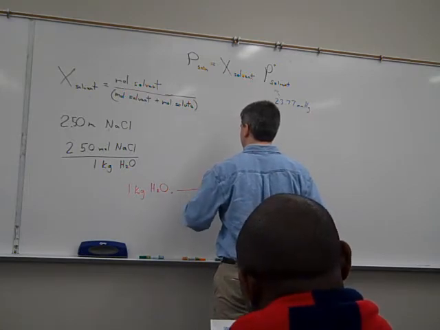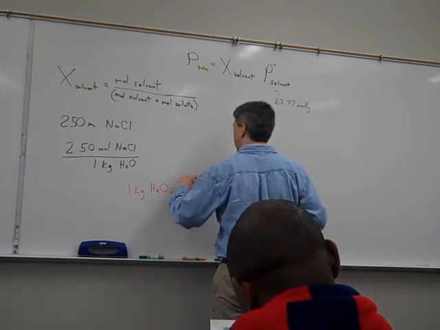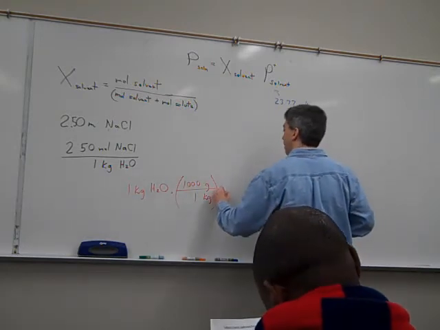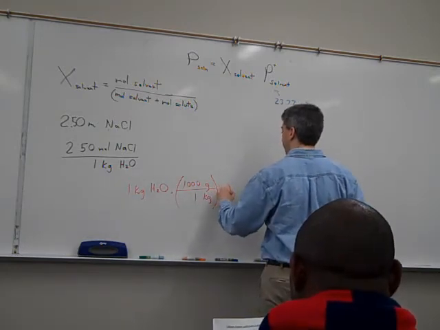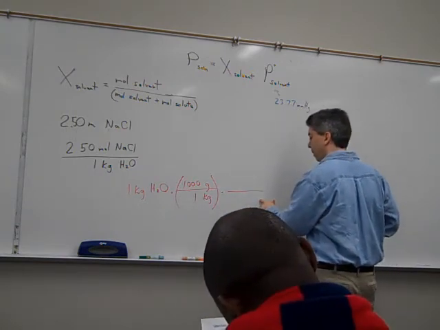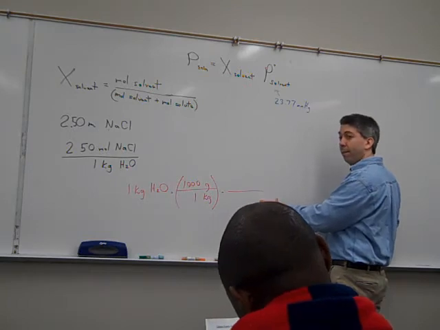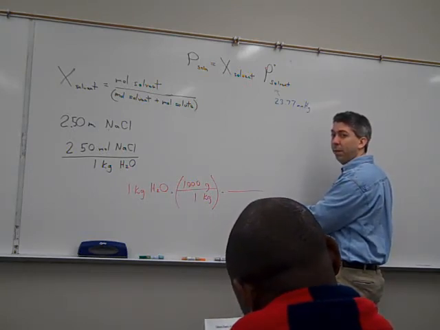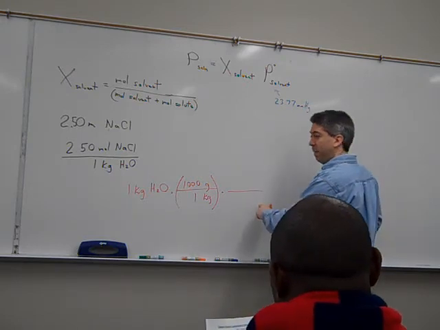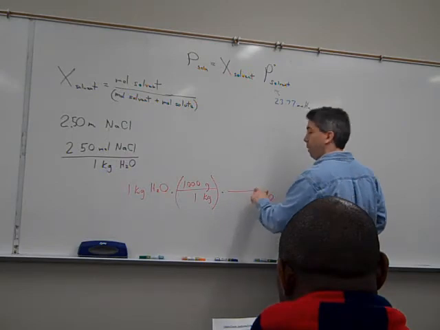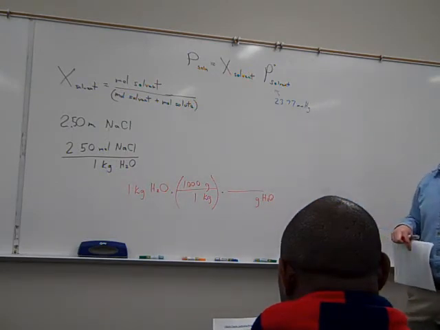So kilograms to grams: 1,000 grams is equal to 1 kilogram. So now that I have grams of water, what's going to come down here? What unit goes on the bottom? Grams, right? Whatever was previously on top. What's going to go on top? What am I going to convert grams to?